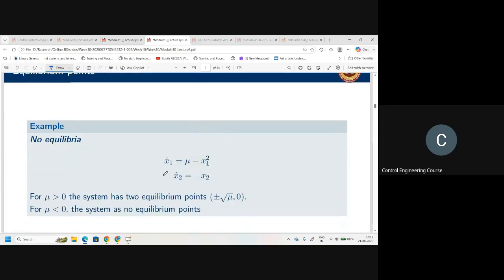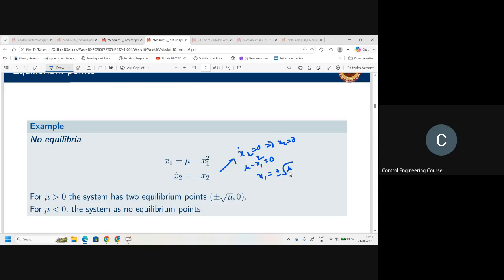And this is an example where the system has no equilibrium point. From here, x2 dot equal to 0 implies x2 equal to 0 from this equation. Then from this one, mu minus x1 square equal to 0. Then x1 is equal to plus or minus square root of mu.